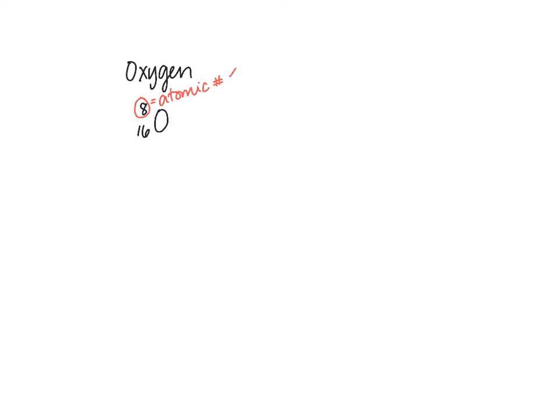And it tells us not only the number of protons, but also the number of electrons that are found in an atom of the element. So, with no further information, we know that oxygen has 8 positively charged protons and 8 negatively charged electrons.